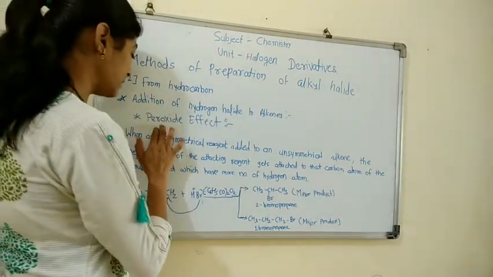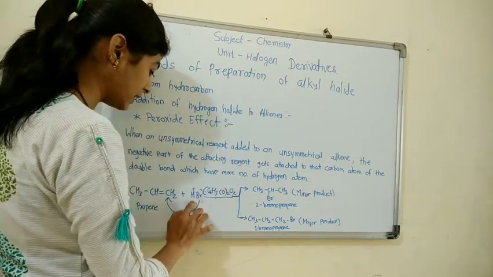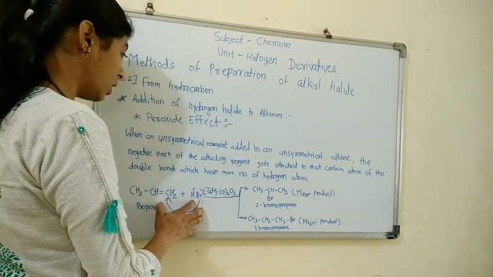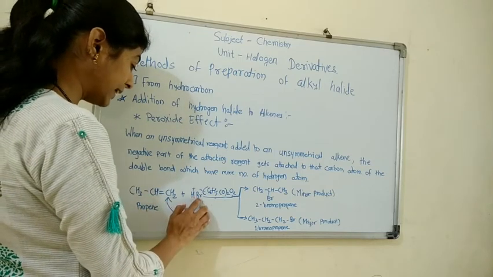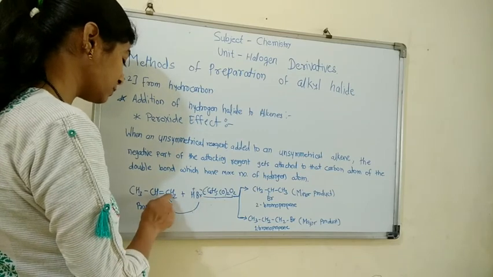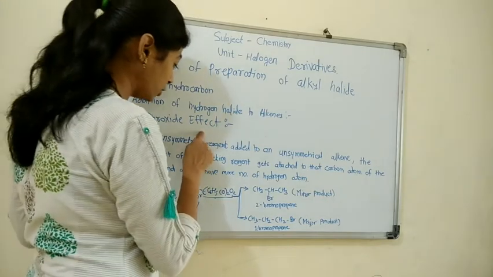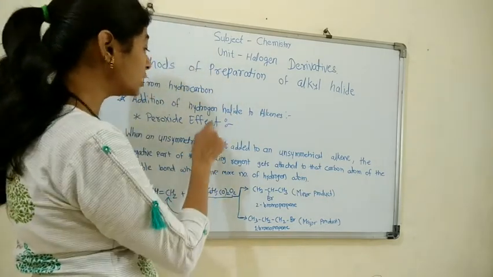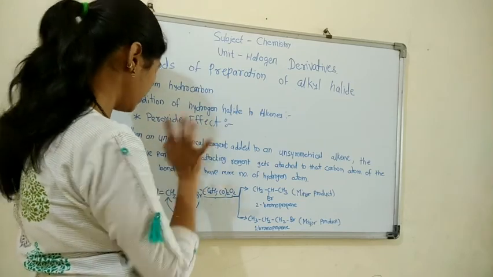Now the next effect is the peroxide effect. It says that when an unsymmetrical reagent is added to an unsymmetrical alkene, then the negative part of the attacking reagent gets attached to that carbon atom which bears more hydrogen atoms. It is anti-Markovnikov's rule, also called Kharash-Mayo effect or peroxide effect.